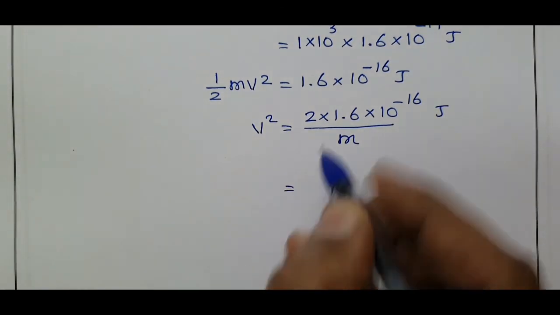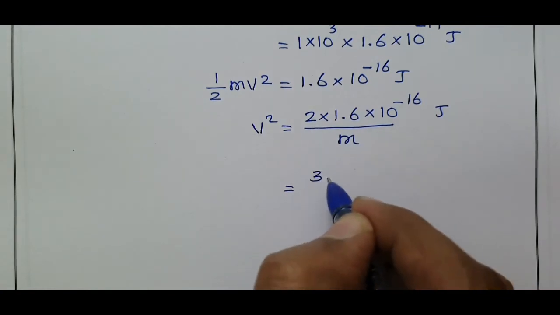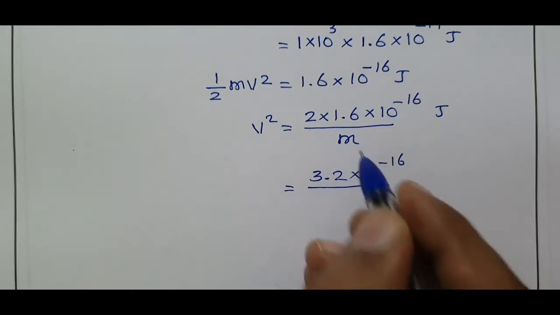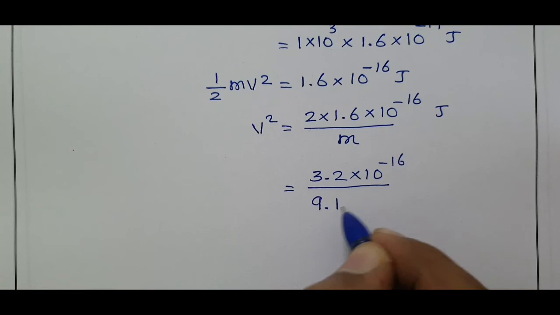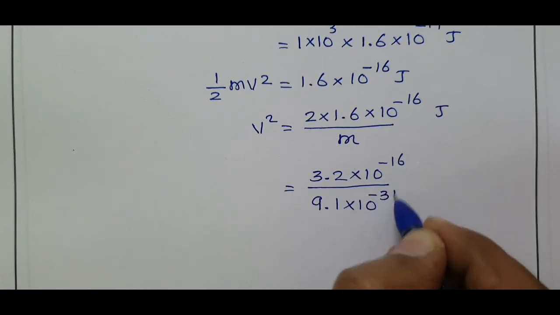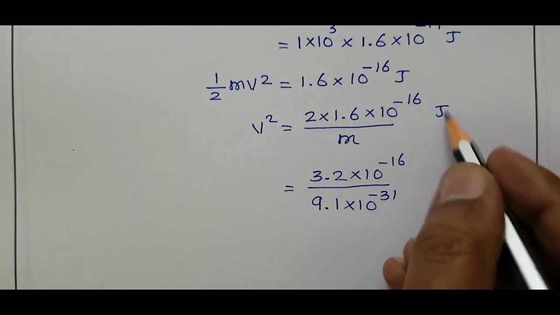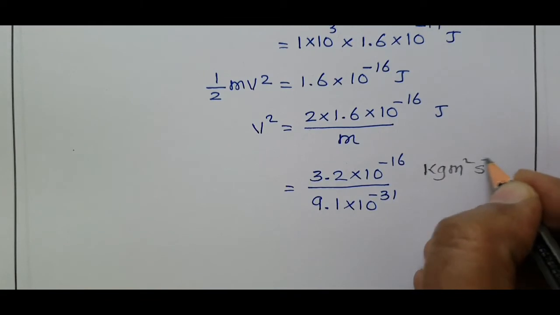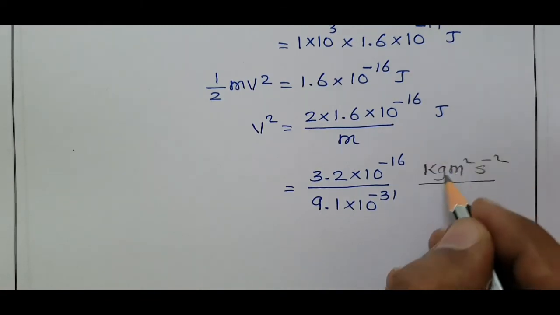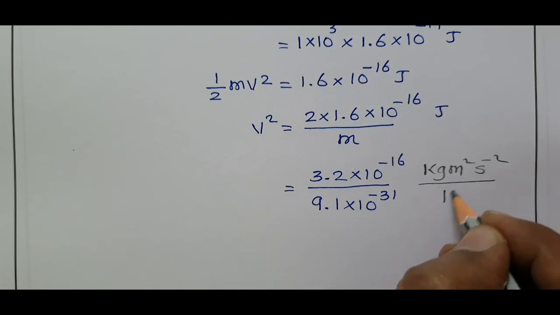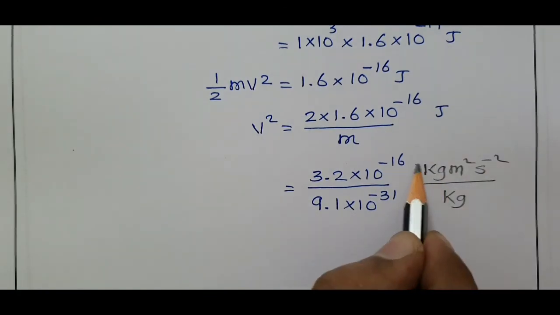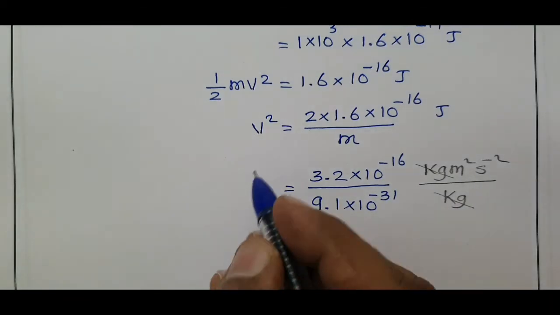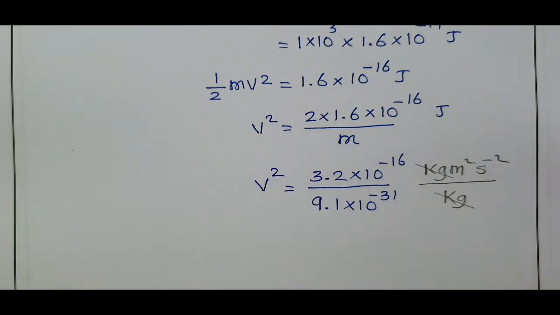That is equal to 2 into 1.6 is 3.2 into 10 power minus 16 divided by the mass of electron, a constant, 9.1 into 10 power minus 31. 1 joule equals 1 kilogram meter squared second power minus 2. The numerator is joule and mass is in kilogram, so 1 kilogram gets cancelled. V squared, velocity squared, has unit meter squared second power minus 2.